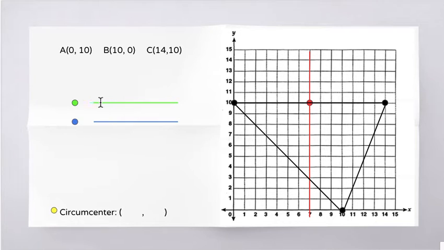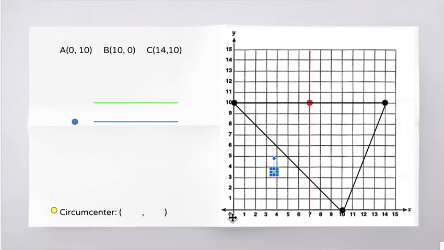Now I'm going to work on another side. So maybe I choose this diagonal from the y-axis to the x-axis. The first thing I need to do is find the midpoint. So the midpoint is going to be the middle of the x values and then the middle of the y value.